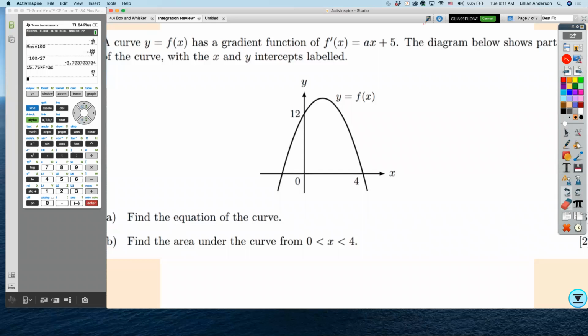A curve y equals f of x has a gradient function of f prime of x equals ax plus 5. The diagram shows part of the curve with x and y intercepts labeled. First off, gradient function. That's a review phrase. What does gradient function mean?